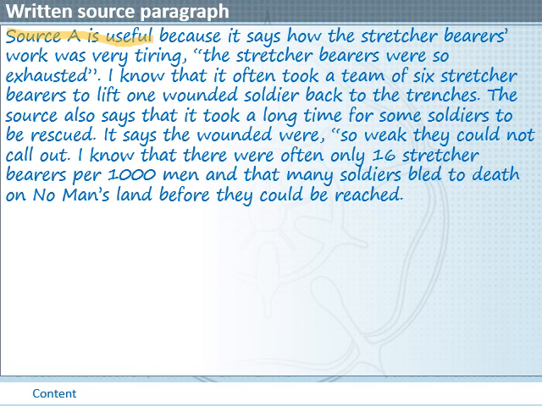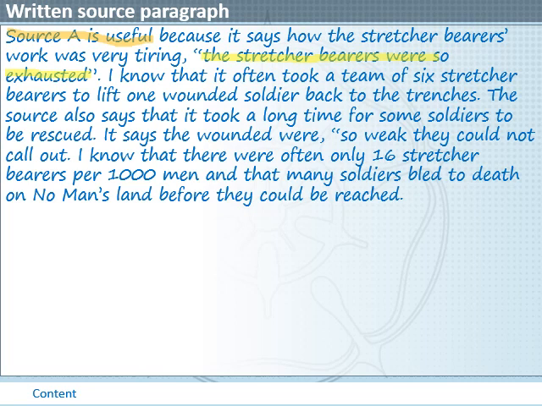And after that, we're going to come up with a specific quote. So I've gone for "the stretcher bearers were so exhausted." You can see I've just lifted the words straight out of the source. And then I'm going to apply my own knowledge to develop that.